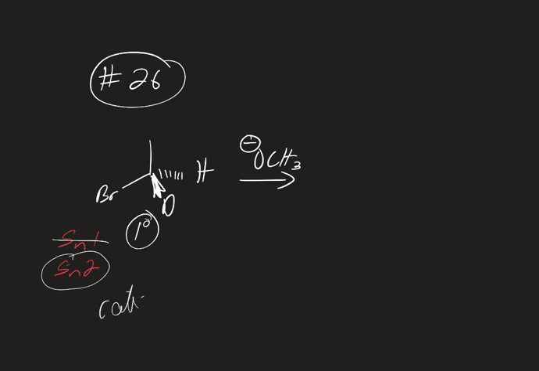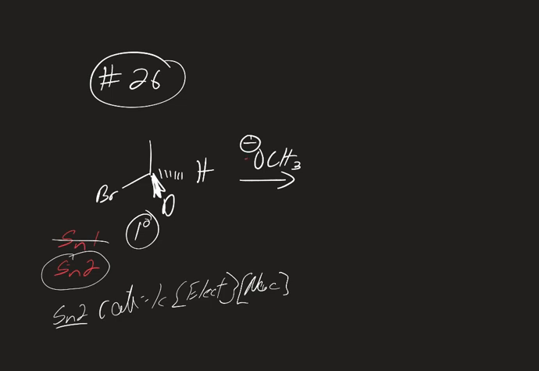Rate is equal to k times the concentration of the electrophile times the concentration of the nucleophile. So we do want a good nucleophile, because it's in the rate determining step. We want it to be reactive. We want it to have a negative charge. We want it to be skinny, because we need to do the backside attack.